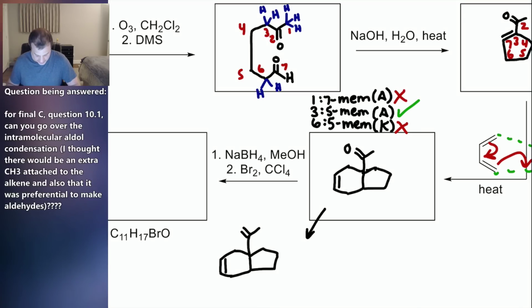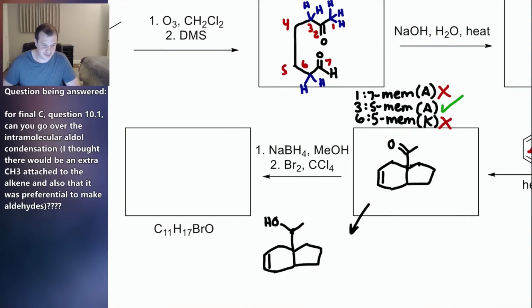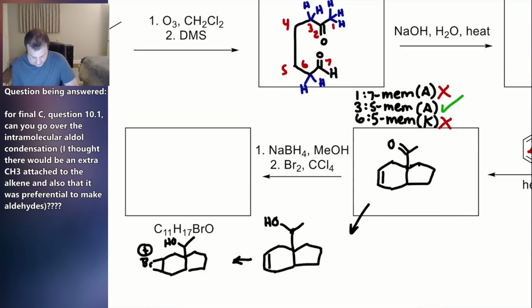Then we're going to reduce the ketone down to the alcohol. And then now we do Br2 and CCl4. That's going to form the bromonium ion, just like this. And then this does an intramolecular haloether forming reaction.